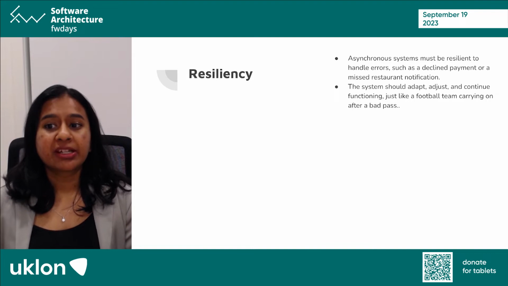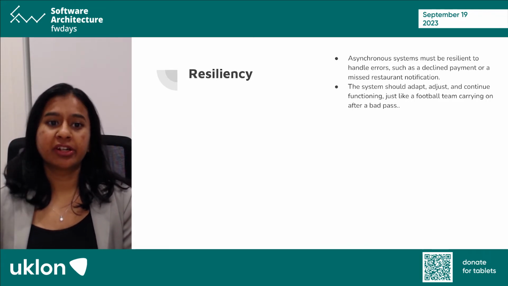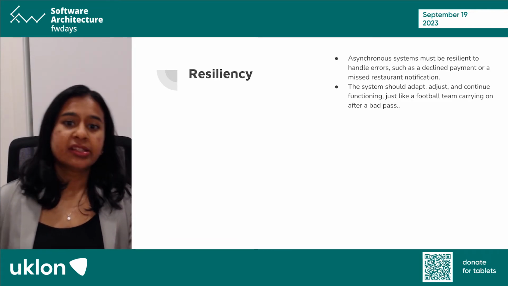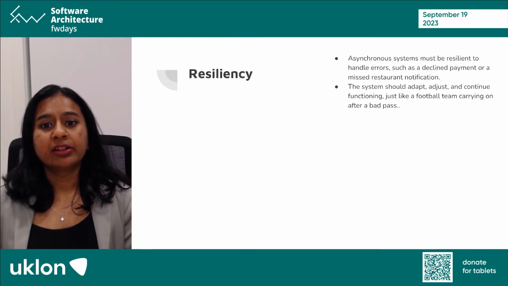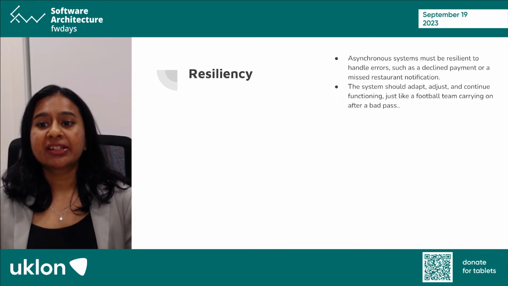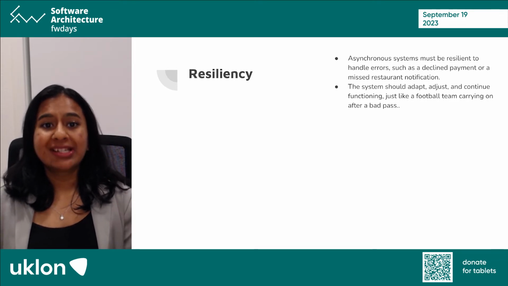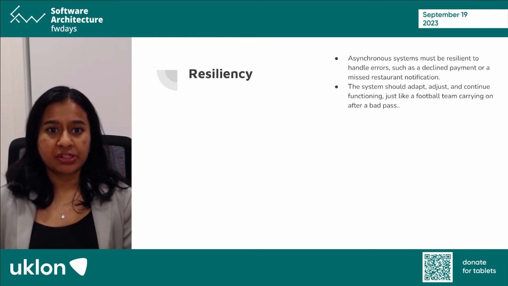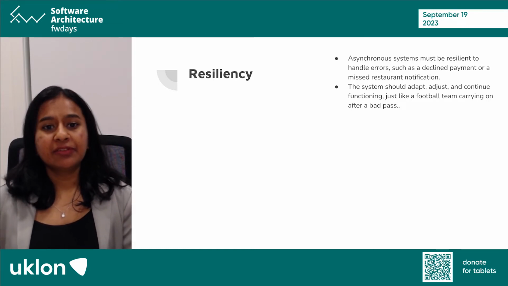It should have mechanisms to handle these errors and recover gracefully to keep the process running. For instance, the system might retry the failed operations, notify the user about the issue, or even backtrack if necessary. Resiliency in an asynchronous system allows for more robust operations even in the face of inevitable errors and exceptions.